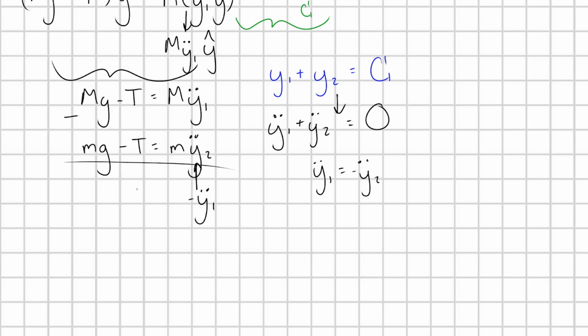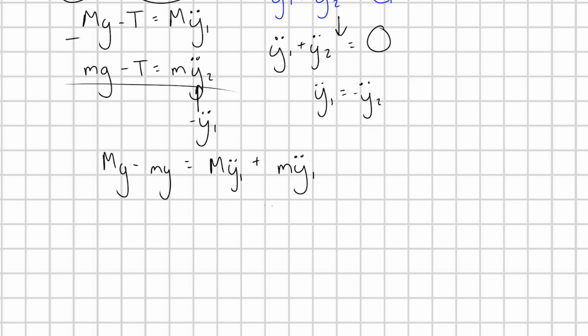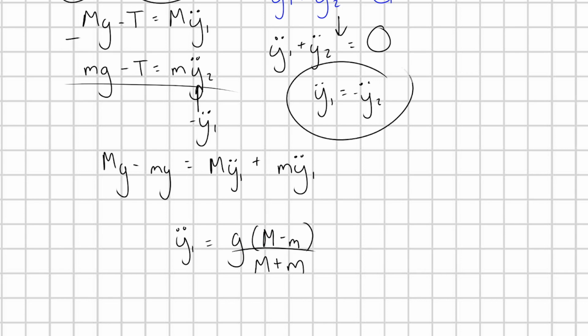So I'm going to subtract the two equations from each other, and I'm going to have capital Mg minus little mg is equal to M y1 double dot plus, because minus a negative, plus little m y1 double dot, and we're going to have that y1 double dot is equal to g times (M minus little m) over (M plus m).